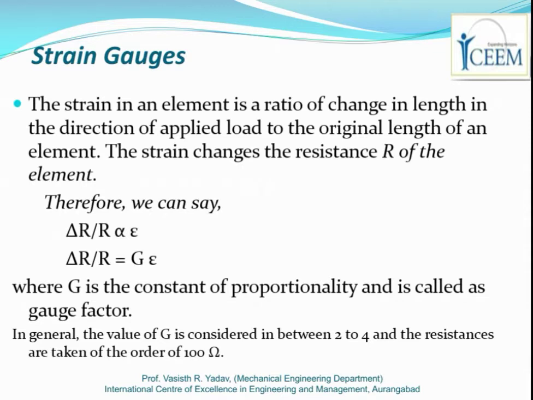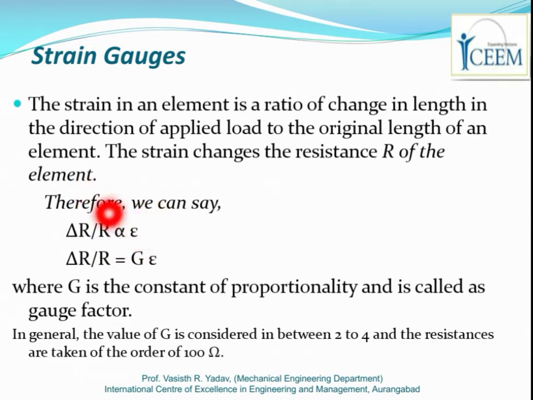Now, can we say that this strain, that is change in length upon its original length, changes the resistance of the element? If it is changing the length, that means it is changing the resistance of the element, and hence we can say that delta R upon R is directly proportional to epsilon.